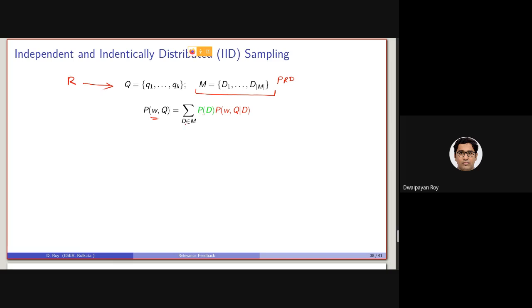How likely is that document retrieved? This is the prior of the document, and from that document, how likely is it that we'll be observing the query terms together with the word.